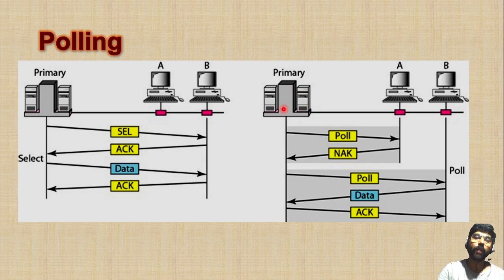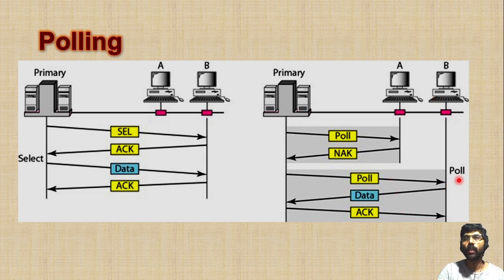Once the primary station receives the data frame, it just sends an acknowledgement to the secondary station to indicate that the data sent by the station is actually received. This is called polling.